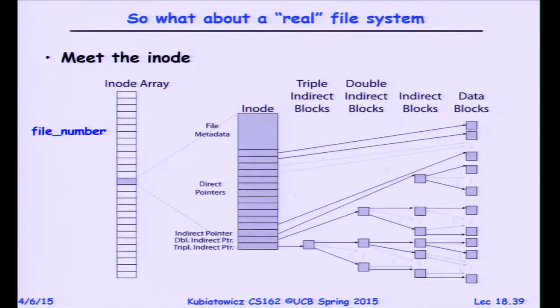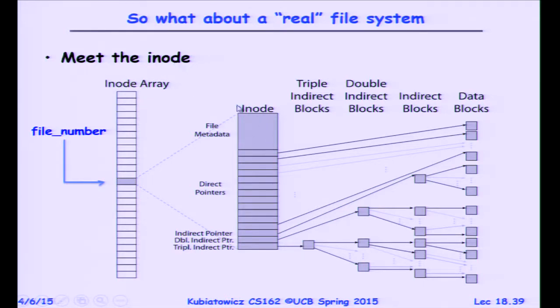So let's look at a real file system. So here is something that we're going to look at in a moment. This is actually the indexed file structure that started out in BSD 4.1 and is used in a lot of systems these days. So basically, what is an inode?